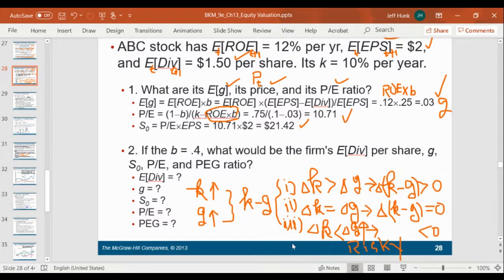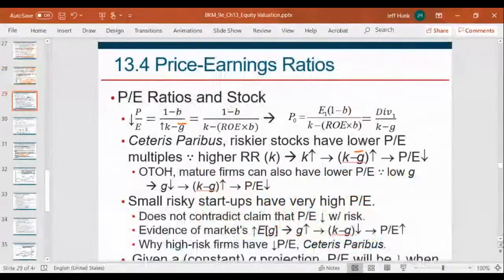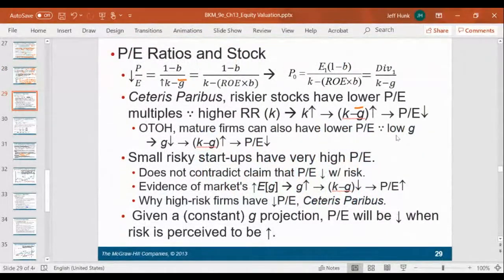So if this is so risky, they would always demand a much higher required return. Makes sense? All righty. So this is unlikely to happen. But that's basically what it is saying.